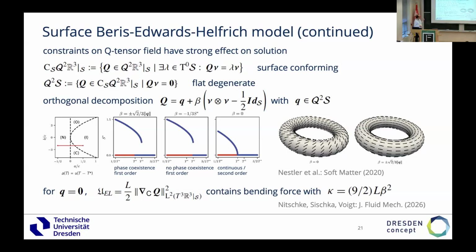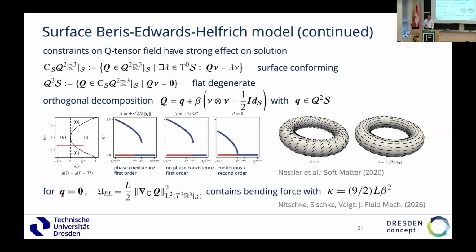And it gives us a bending rigidity which can be described from this elastic energy and our nematic order beta. This is kind of similar to how Helfrich derived this energy, but he did it for an Oseen-Frank energy and without coupling the fluid flow.